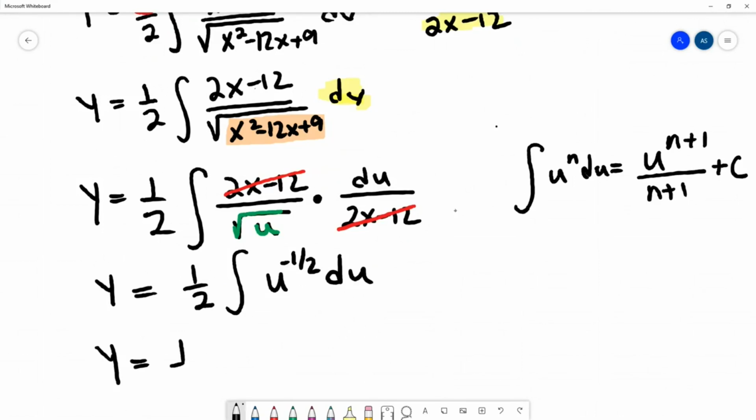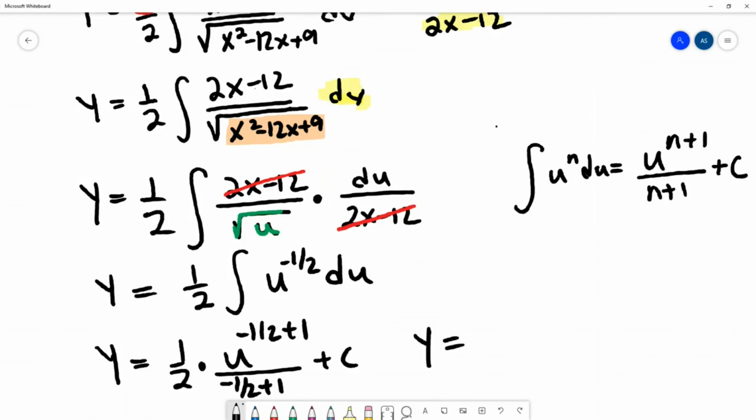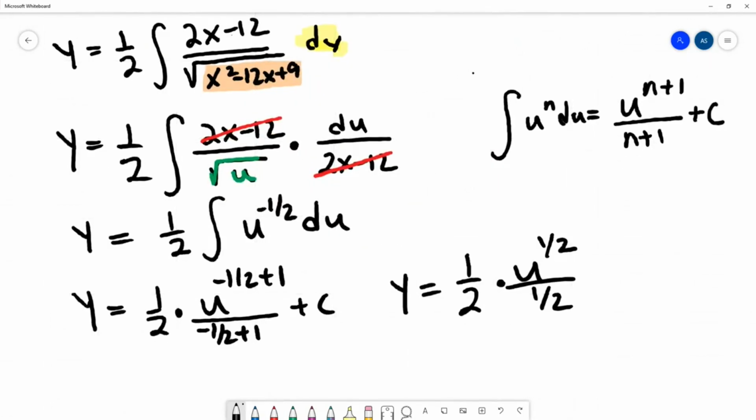We have y equals 1/2 times, with the negative 1/2 power, u to the negative 1/2 plus 1 over negative 1/2 plus 1, plus c. This is y equals 1/2 times u to the negative 1/2 plus 1, which is 1/2, over 1/2, plus c. I'll multiply by the reciprocal. So that's 1/2 times 2 over 1, u to the 1/2 plus c.